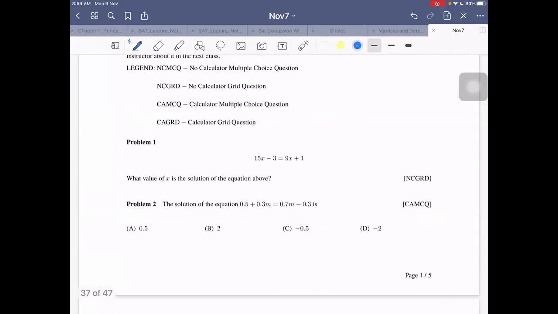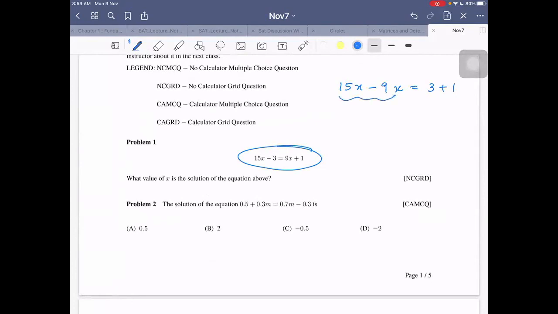So the first question, 15x minus 3 is equal to 9x plus 1. The idea is to collect variables to one side. So we have 15x, the 9x goes to the other side, it becomes minus 9x. 3 goes to the other side, it becomes 3 plus 1.